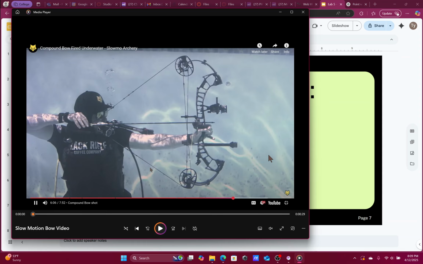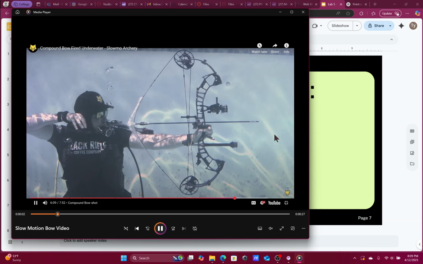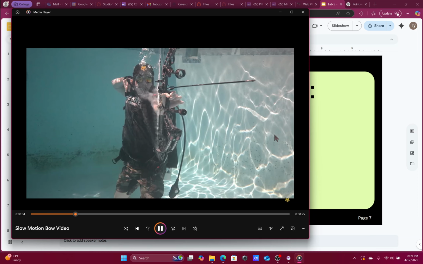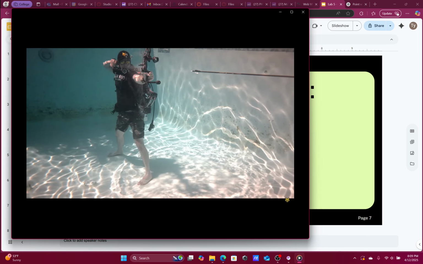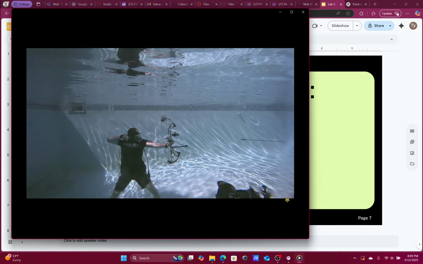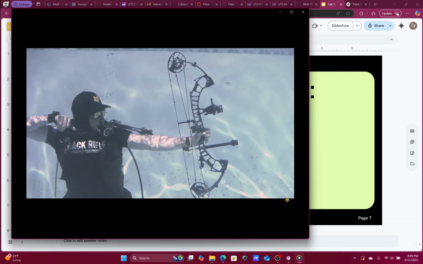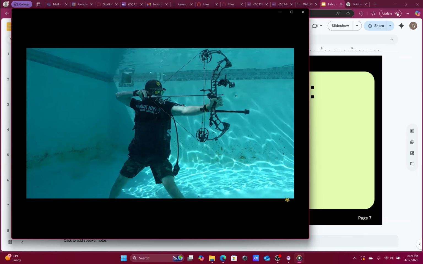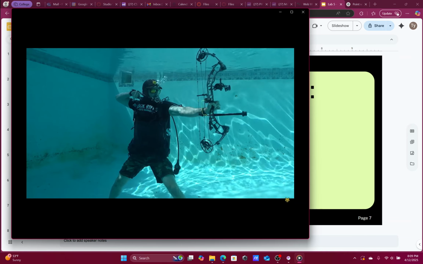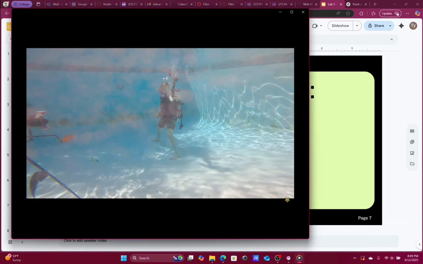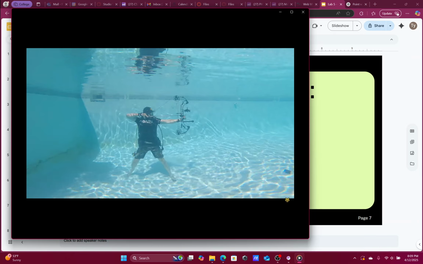This is the video I found on YouTube, and I thought it would be cool to do something different. This is a bow being shot underwater. So this is a non-typical gravitational environment, which I thought was interesting and a unique environment to look at. In your typical environment, as a point particle, you would just have gravity and the velocity affecting the object, and obviously the height and where the arrow lands.